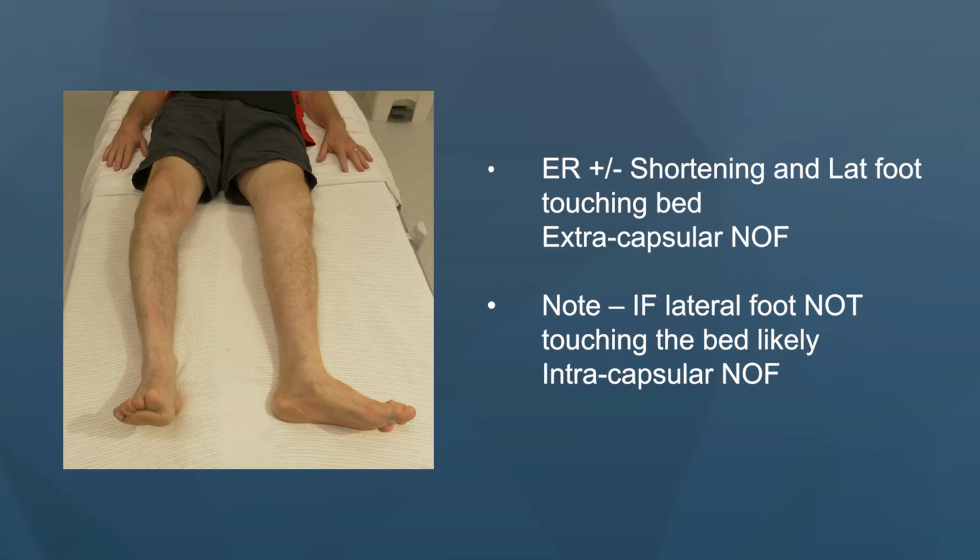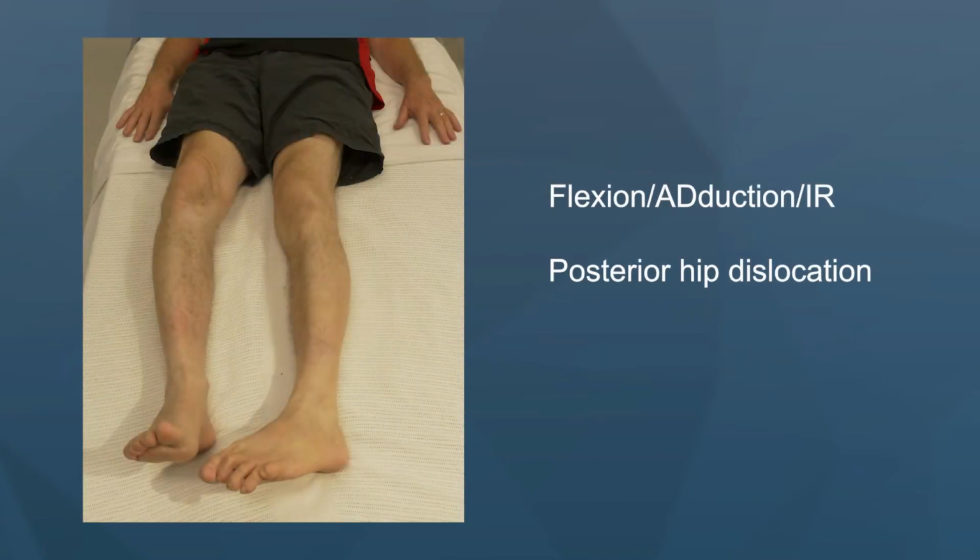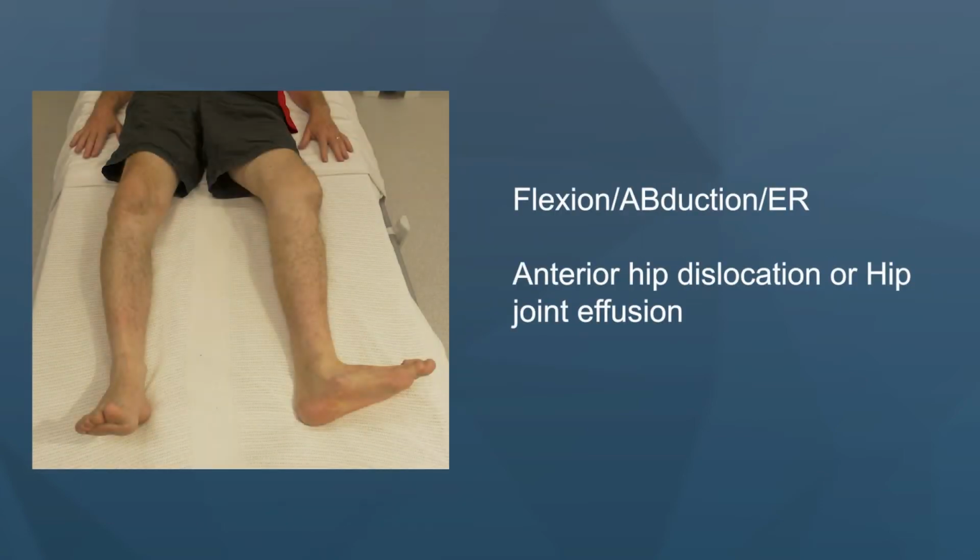An externally rotated limb with lateral foot not touching the bed would suggest an intracapsular neck of femur fracture or malpositioned arthroplasty. A flexed, adducted and internally rotated limb would suggest a posterior hip dislocation. A flexed, abducted and externally rotated limb would suggest an anterior hip dislocation.